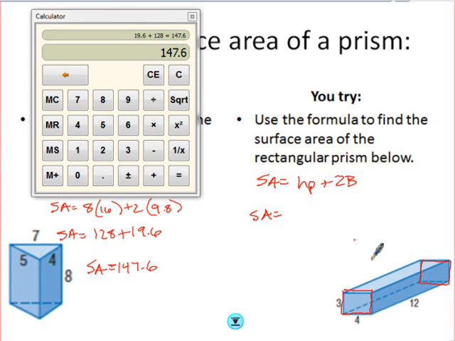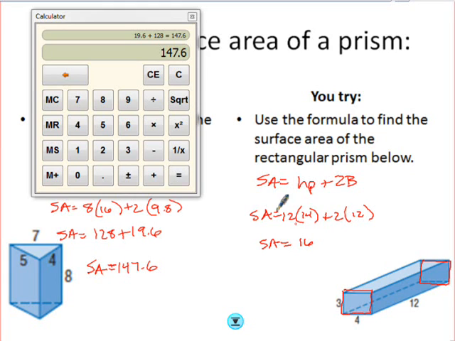Okay, so the height is the distance between the two bases, so that's 12, times the perimeter of the bases, well, that's 14, okay, plus 2 times the area of the base, well, the area of this base is 12. Alright, so the surface area equals 12 times 14, that's 144 plus 24 is 168.